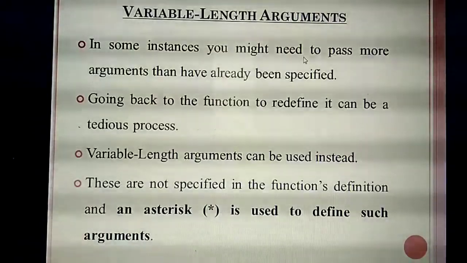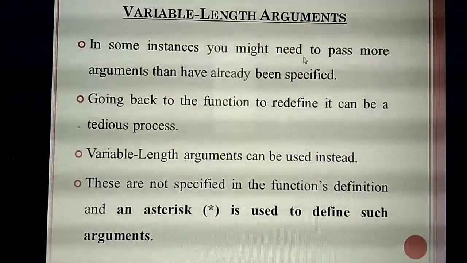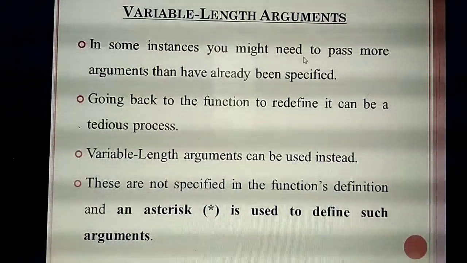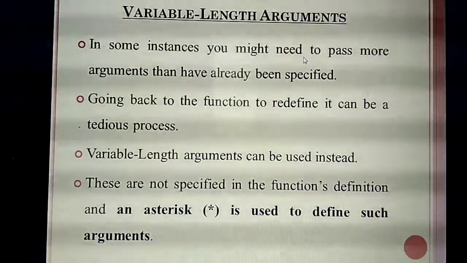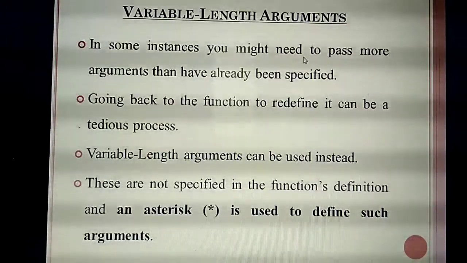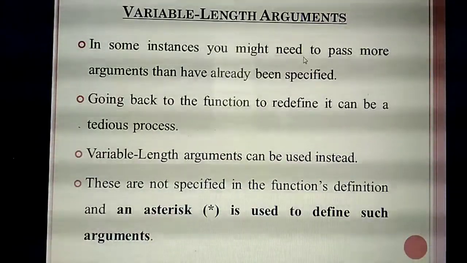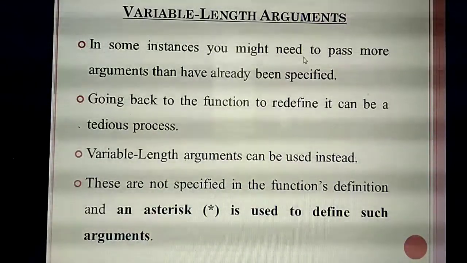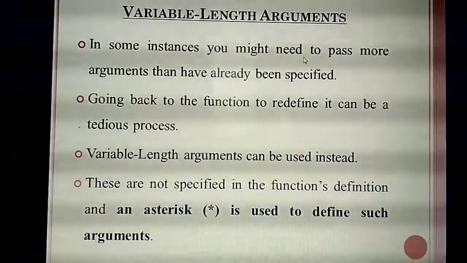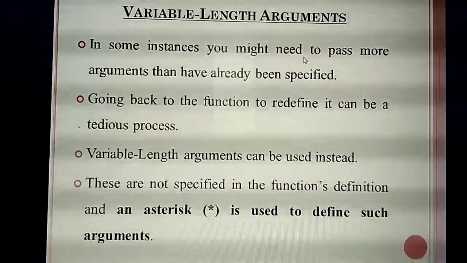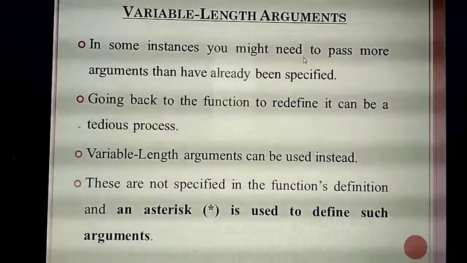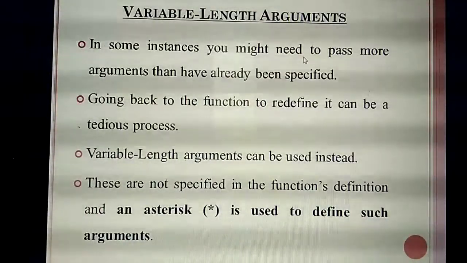For example, you are going to display the details of your class students. If there are 47 students, you need to declare name, comma, age for all 47 students, writing each separately in a function. How many arguments will come?